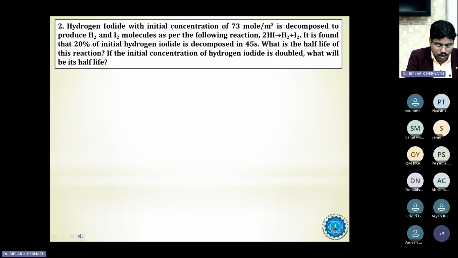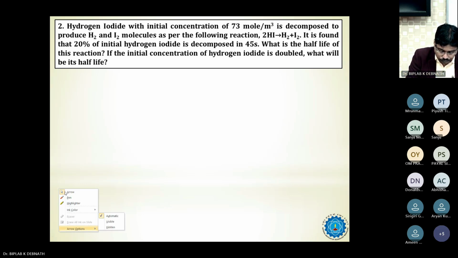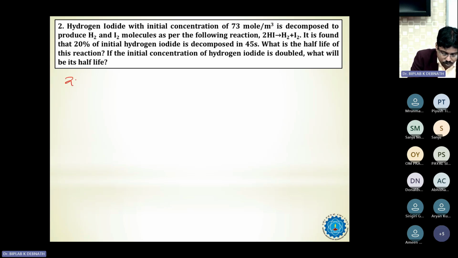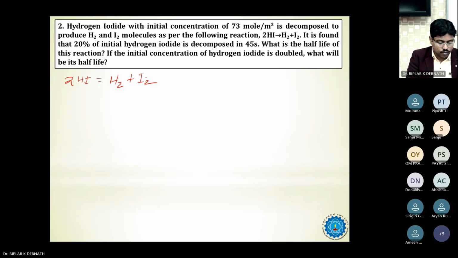So let us write the equation. The equation is 2HI is equal to H2 plus I2. Okay.